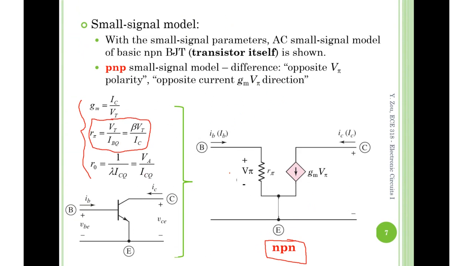Look at where is R pi in the small signal model. This R pi. No wonder it's new equation, right? No wonder why this is a new equation. Because in MOSFET, what we had at here? Nothing, right? In MOSFET, this is an open circuit. Of course, we don't have any R pi.